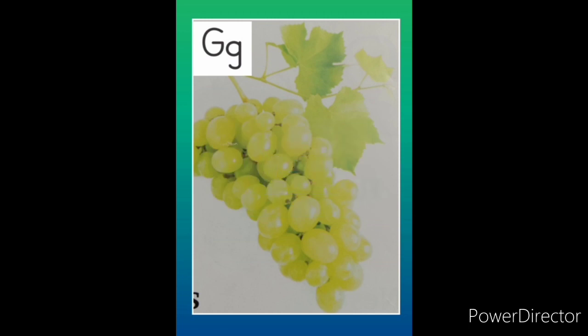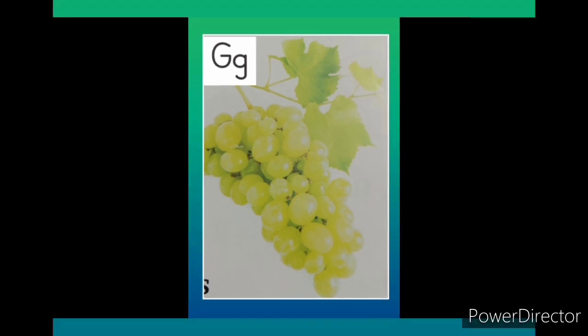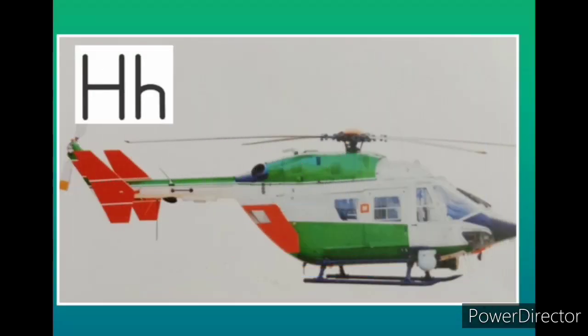G. Capital G, small g, Mama G, baby G. G for grapes. What comes after G? H. Capital H, small h, Mama H, baby H. H for helicopter.